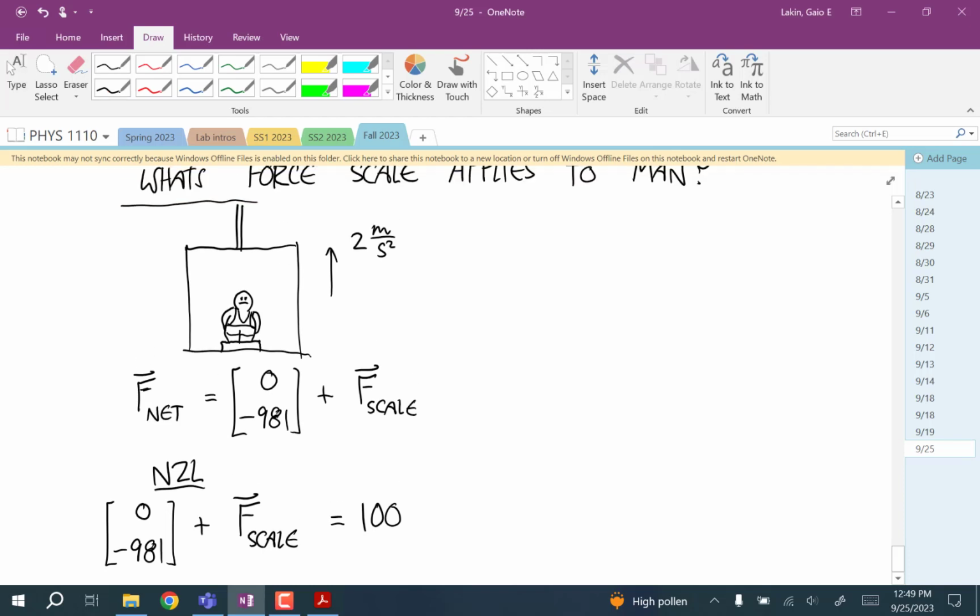This time, since the scale's accelerating, the man is also accelerating. So how would I represent the man's acceleration as a vector? It has a magnitude of 2. It's pointed up. So what would that be in components? Here's your coordinate system. 0, 2, that's right.